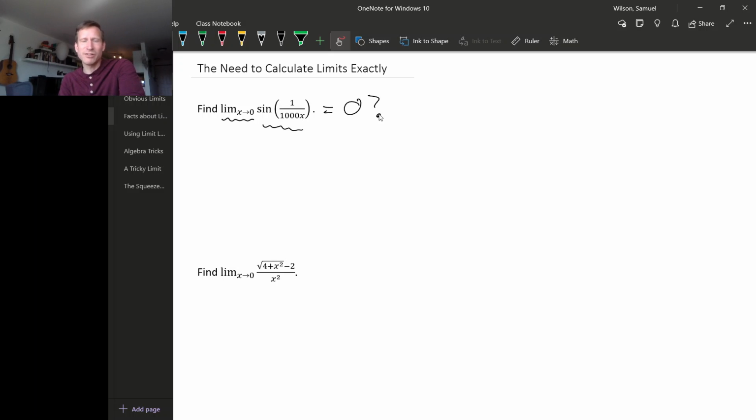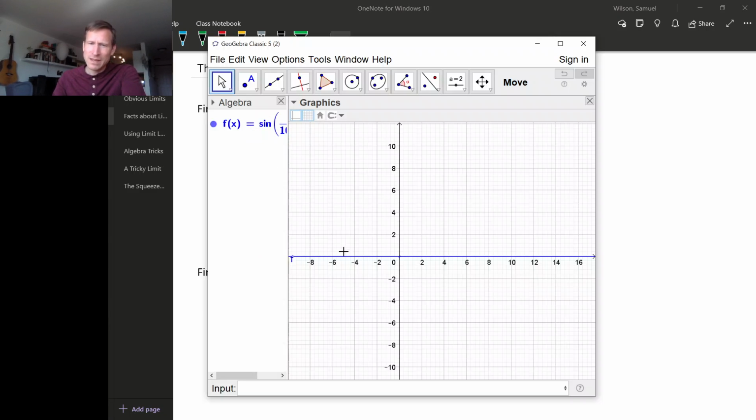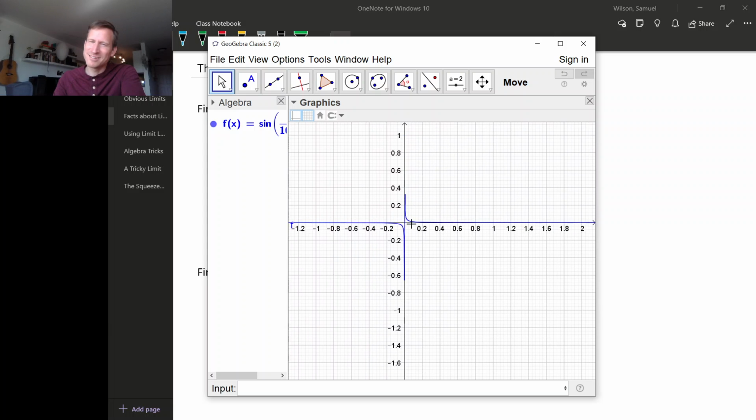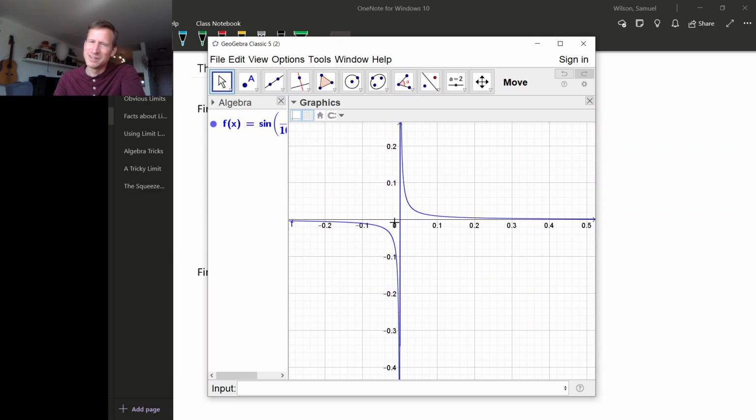I mean, it looks like it on the graph, but limits only care what happens near this x value, 0, and in fact, they really only care what happens extremely near this x value, so maybe we should zoom in. If we zoom in a little bit, something is starting to become visible here.